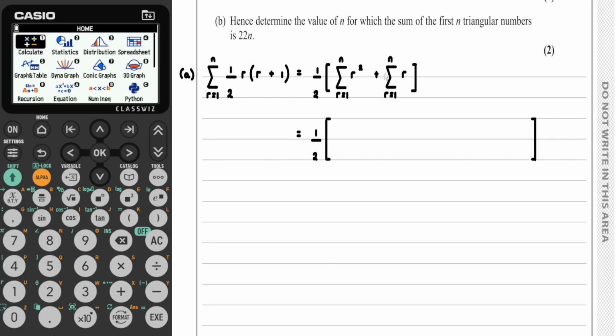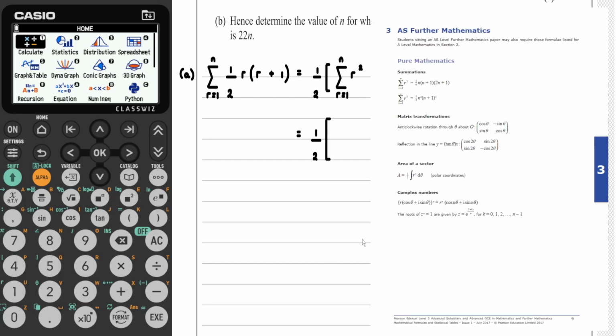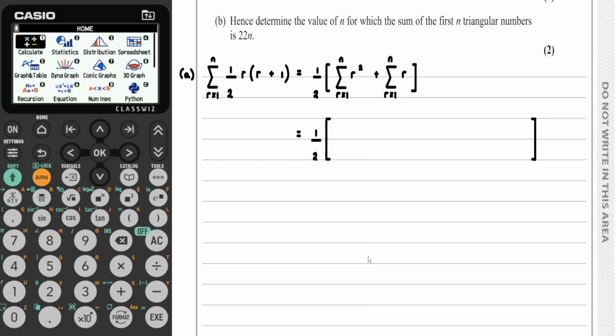Now we need to use the standard summation results, and that is shown here in the formula book. For the sum of the r squareds, we have a sixth times n times (n plus 1) times (2n plus 1), and for the sum of the r's, we have a half n times (n plus 1).